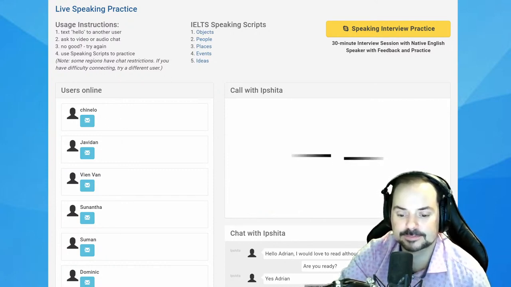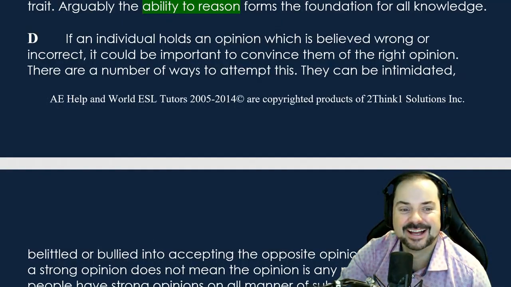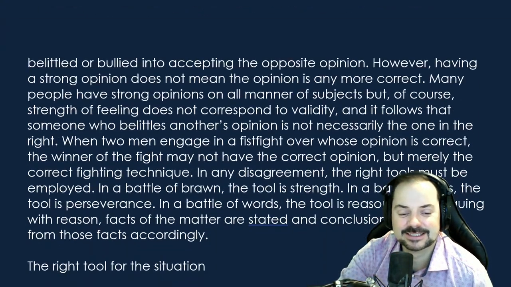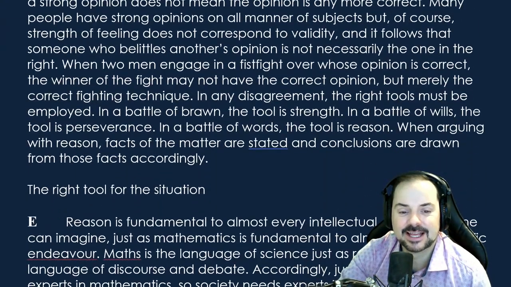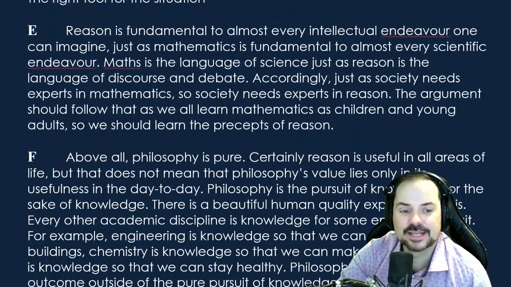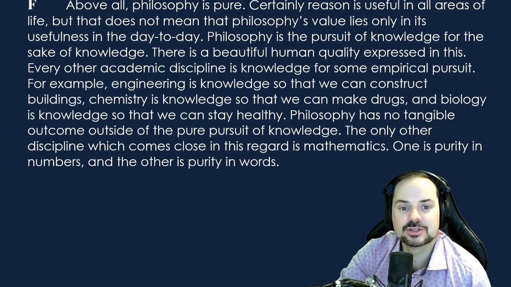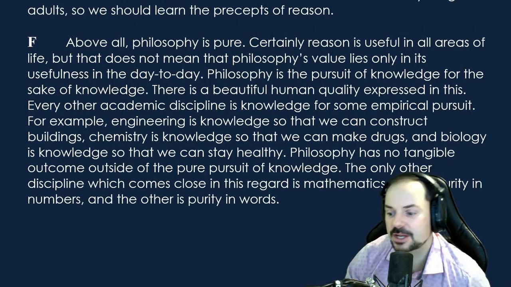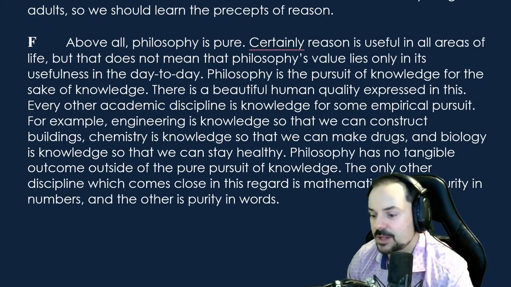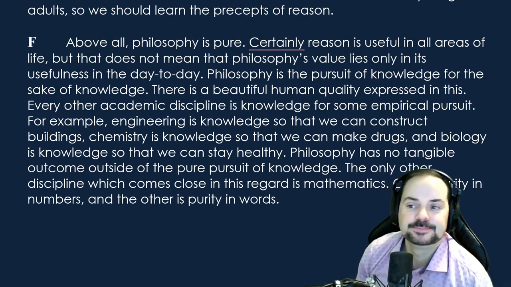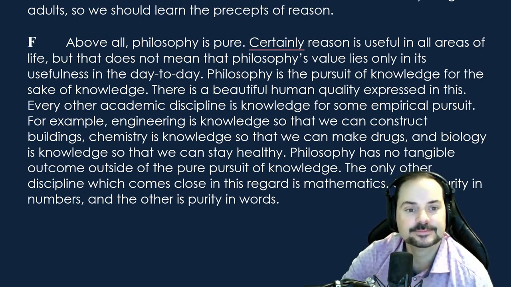Oh, thank God. Finally it works. How are you doing? I'm doing great. What about you? I am doing fantastic. Ipshita, read the conclusion for us. You should see it on the screen here in just a moment. And welcome to our new member, Duan. Yes, whenever you're ready.